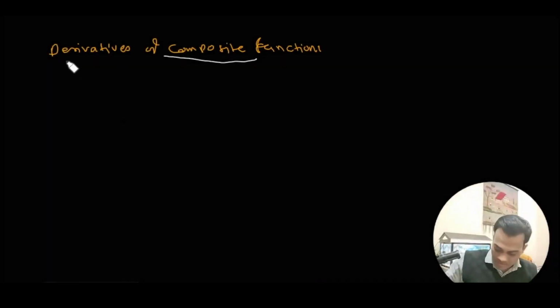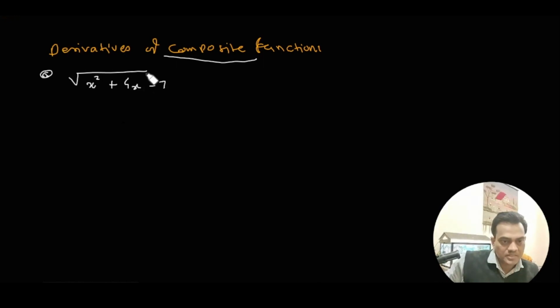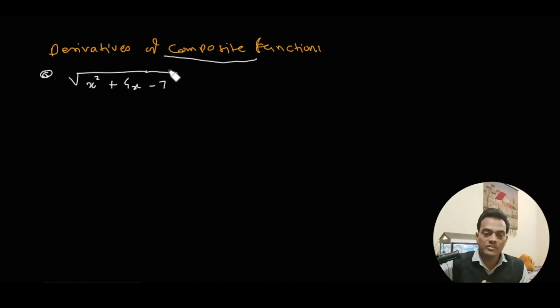Suppose I take one example: we want to find the derivative of the square root of a quadratic expression, x square plus 4x minus 7. This is called a composite function because it depends on x square plus 4x minus 7, which is one function, and square root itself is another function.